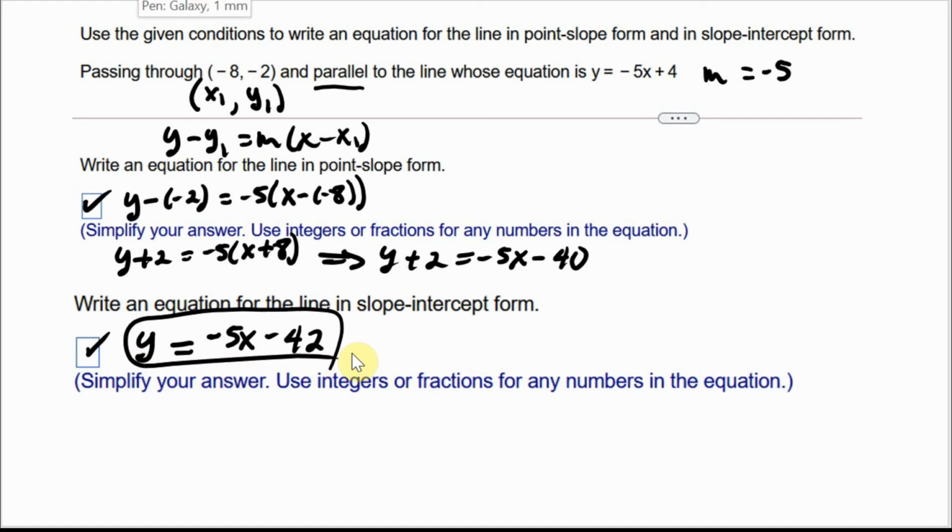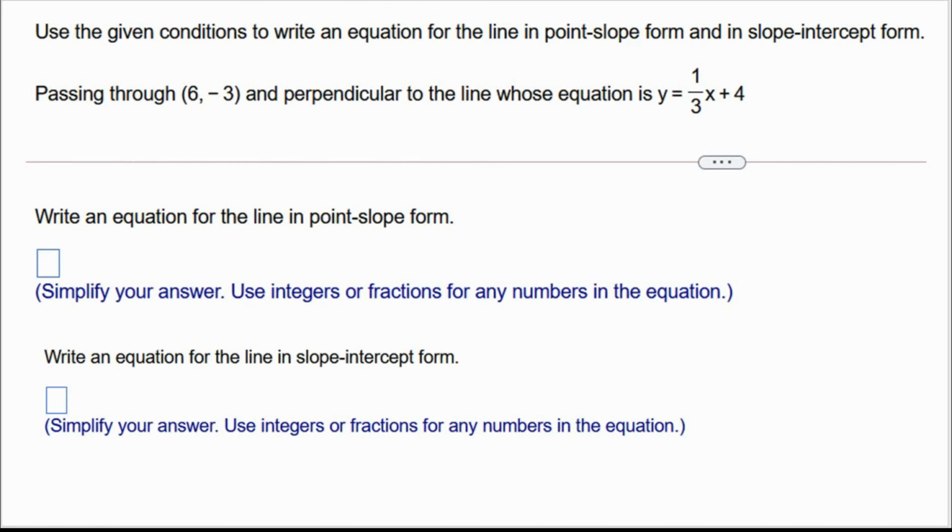Let me do one on parallel lines, and let me do one on perpendicular lines, and then I quit for today. I think this is one on perpendicular, and I'll stop at this one right here. It says I want to find the equation of the line going through the point 6 comma negative 3, but the line has to be perpendicular to this given line.